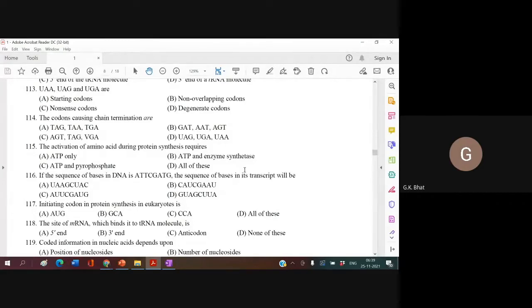Why? The site of mRNA which binds it to tRNA molecule is. Prior to that, you come across. You don't know.